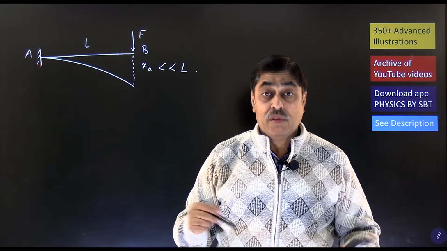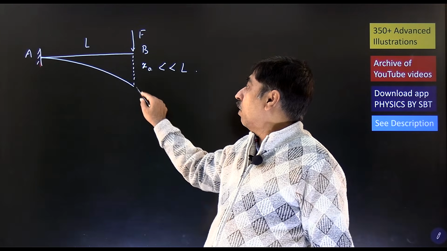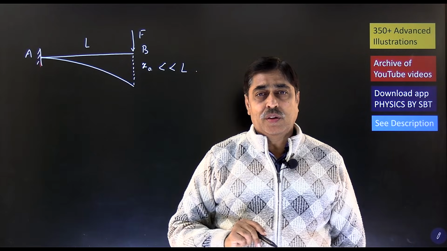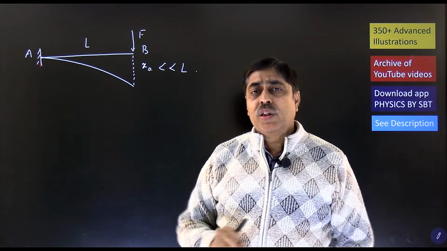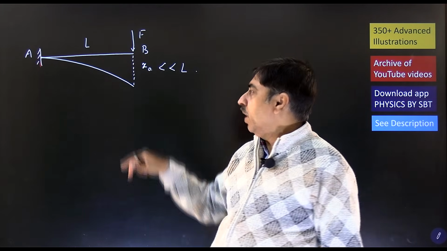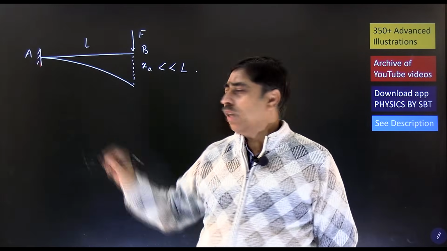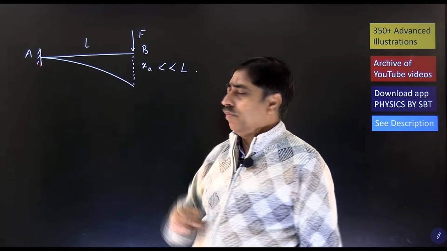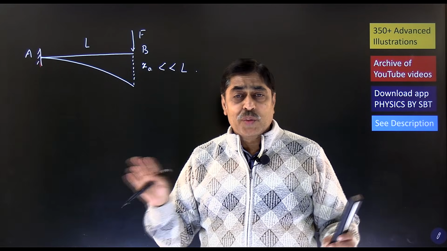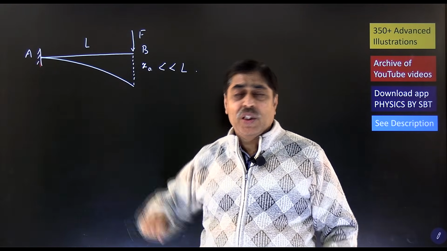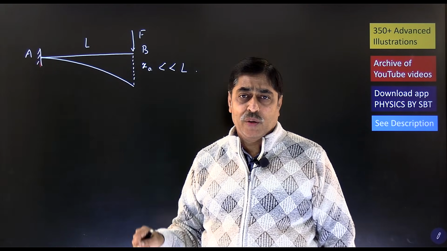If x is really large, then this point of the rod will be somewhere here. But under the given assumption, it is quite fine to assume that point B is just here. With respect to L, the displacement of point B is extremely small.